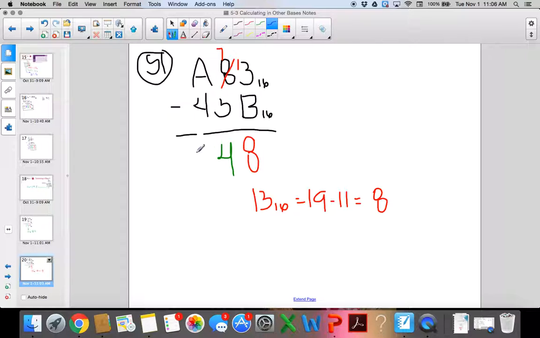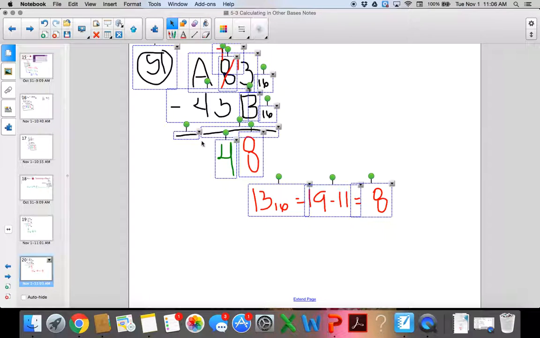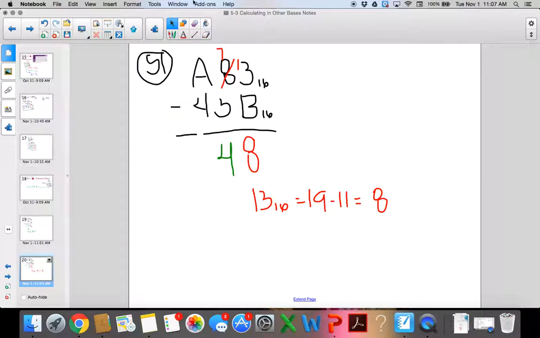So again, 10 minus 4 is 6. And this entire answer is in base 16.